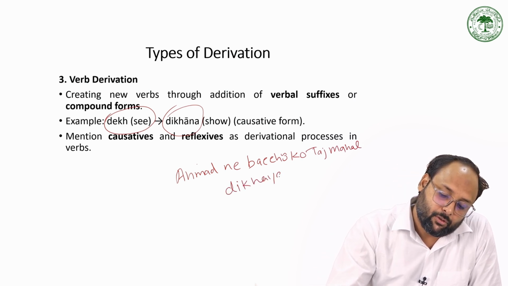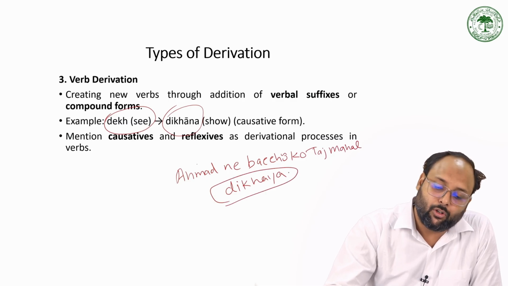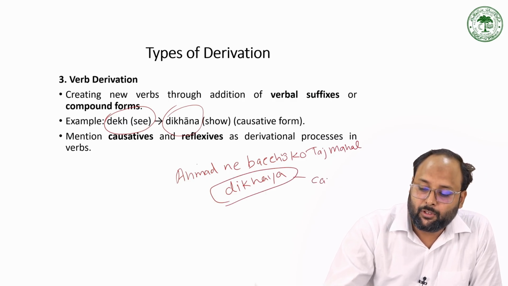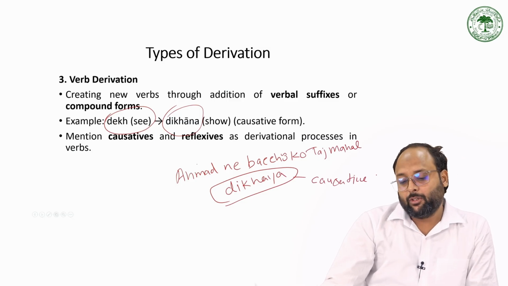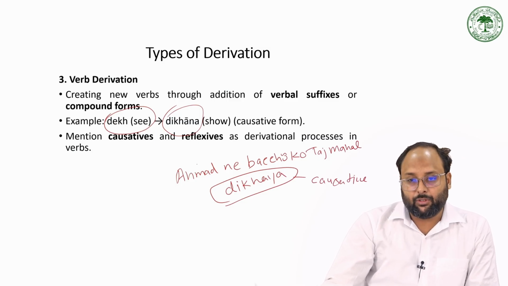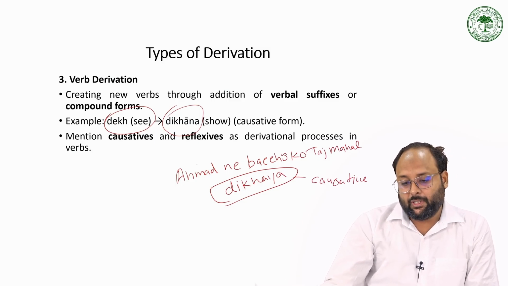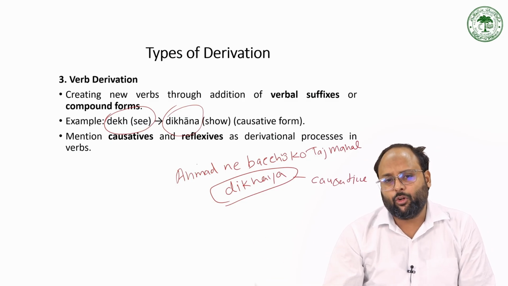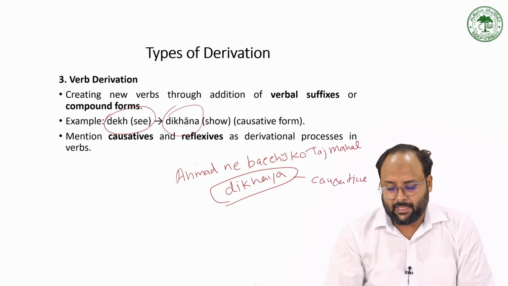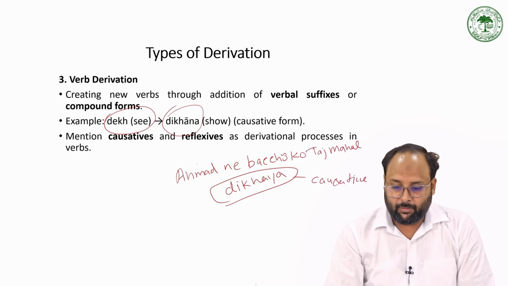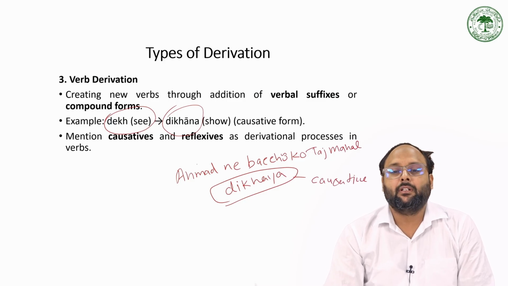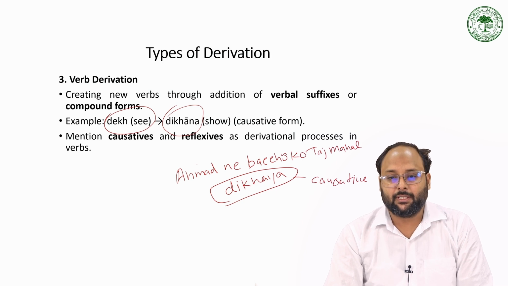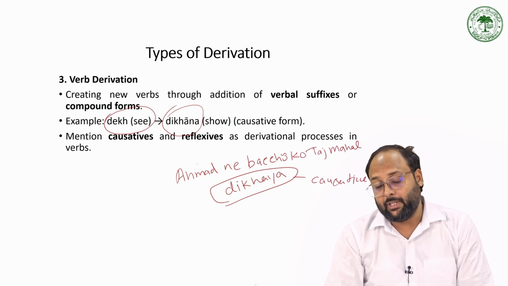So this dikhaya is the causative verb, which causes someone to perform the action. So that is the causative verb dikhana, and it can also change into an indirect causative. We will discuss it in the next slide, like दिखवाना: मैंने बच्चों को नौकर से ताजमहल दिखवाया. So that is an example of double causative or indirect causative.